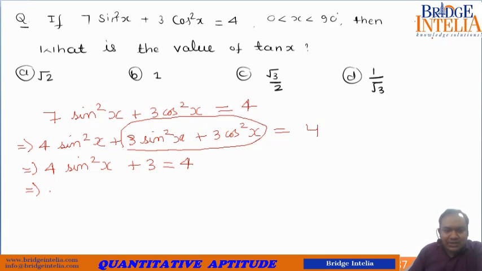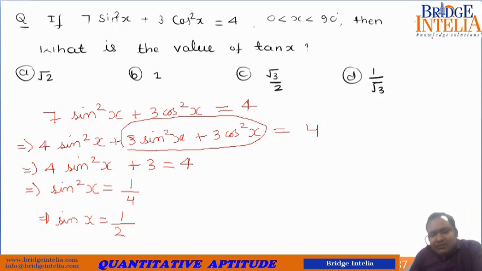So from here you can understand that sin square x is equal to 4 minus 3, 1 by 4. So from here you can also infer that sin x is equal to, you take the square root, half. So for which value of x is sin x equal to half?